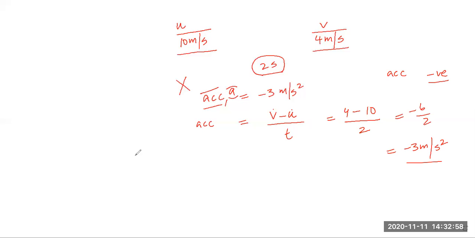So students, from here, one more example. One simple example for Bakshpreet and Amrit Pal Singh. Suppose initial velocity is 10 meter per second and final velocity is, it's very simple, 40 meter per second in time interval of 2 seconds. What is the acceleration?